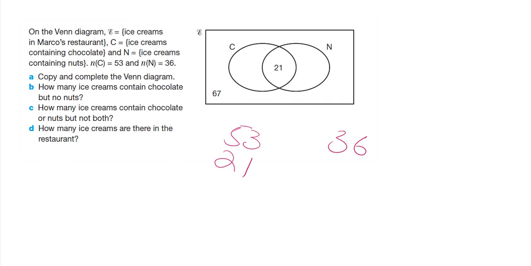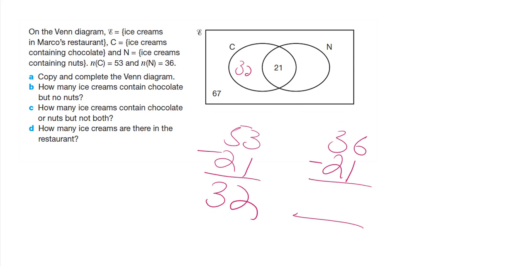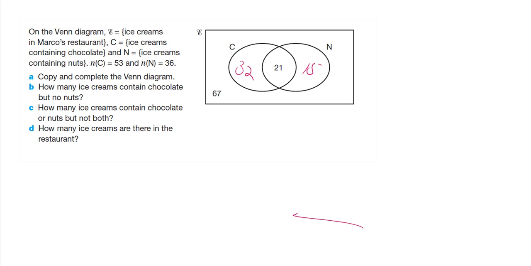And when we do 36 minus 21, we will get to know the ice creams that contain only nuts. So these are the numbers. We have completed the Venn diagram.